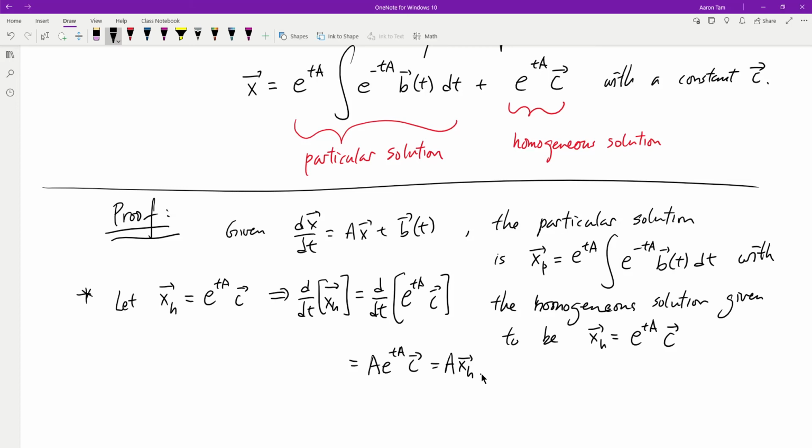That demonstrates that it has to be a homogeneous solution. So now the question is, how do I find the particular solution?